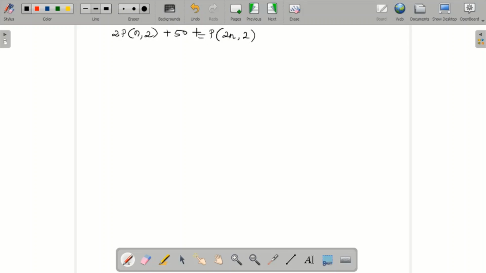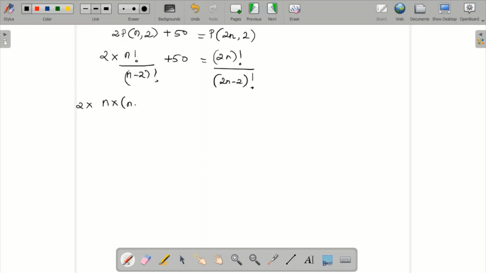So over here, let us apply the formula for this, that is 2 into P(n, 2) is nothing but n factorial divided by (n minus 2) whole factorial, plus 50, is equal to here (2n) whole factorial divided by (2n minus 2) whole factorial. Here I will solve in this way: can I write n factorial as n into (n minus 1) into (n minus 2) factorial?